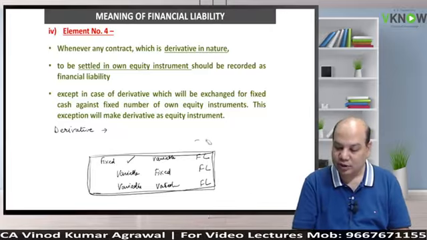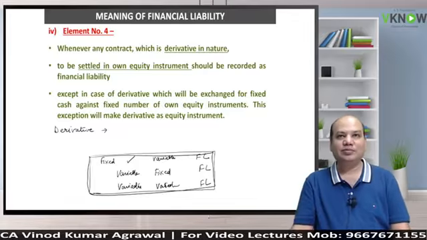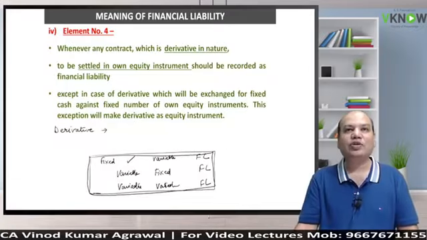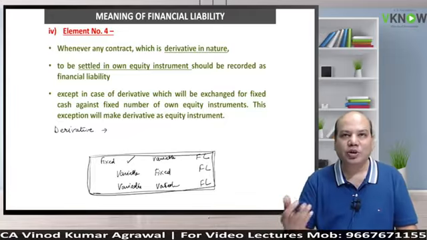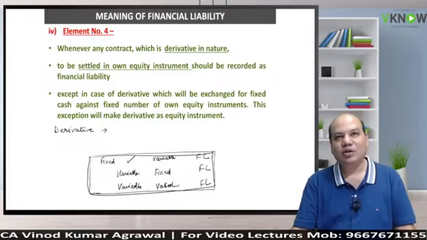So that will be equity. But if any element is variable, either the cash amount is variable or the number of shares to be issued is variable, then it will become a derivative financial liability.